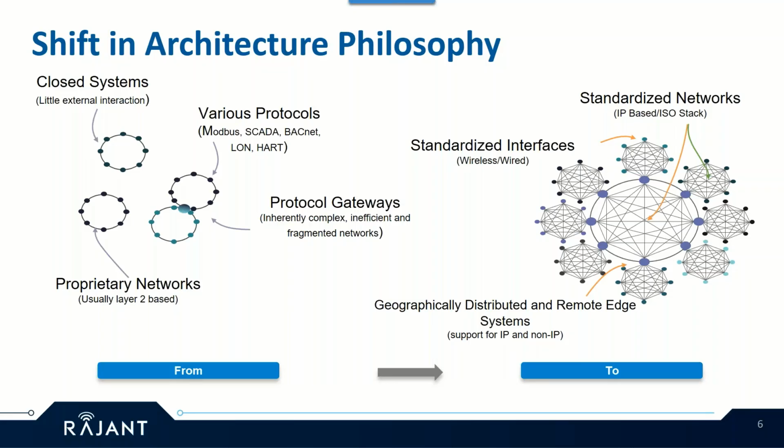If you look back at, say, the early 90s to the mid-90s, it was all proprietary systems, proprietary architectures, proprietary networks, proprietary protocols. A lot of them are serial. Not much use of different layers. Everything usually functioned in a layer 2 base. There wasn't a lot of complexity.